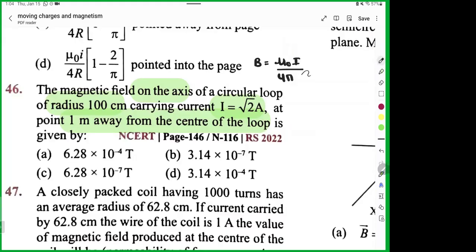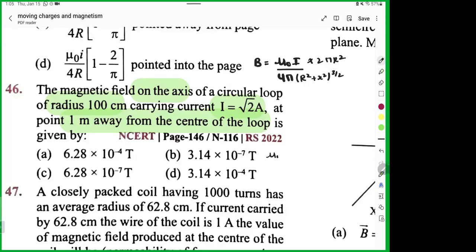Mu naught upon 4 pi, r square plus x square whole 3 by 2. This was 2 pi r into r, 2 pi r square. Correct? The same axis formula I wrote in compiled form.